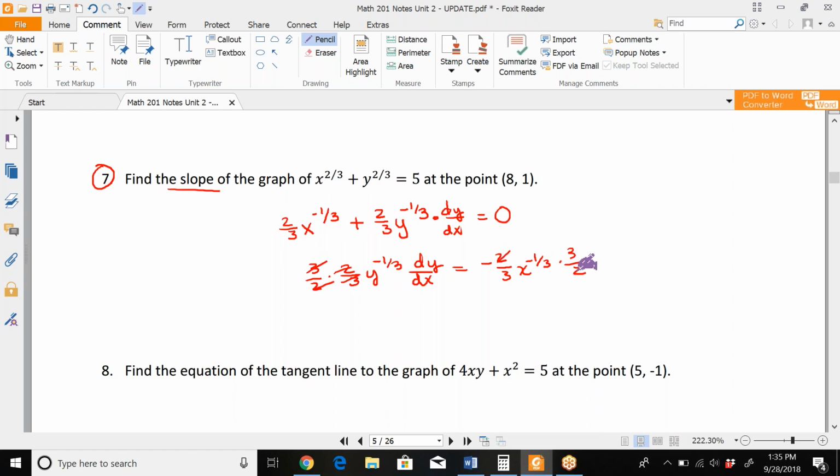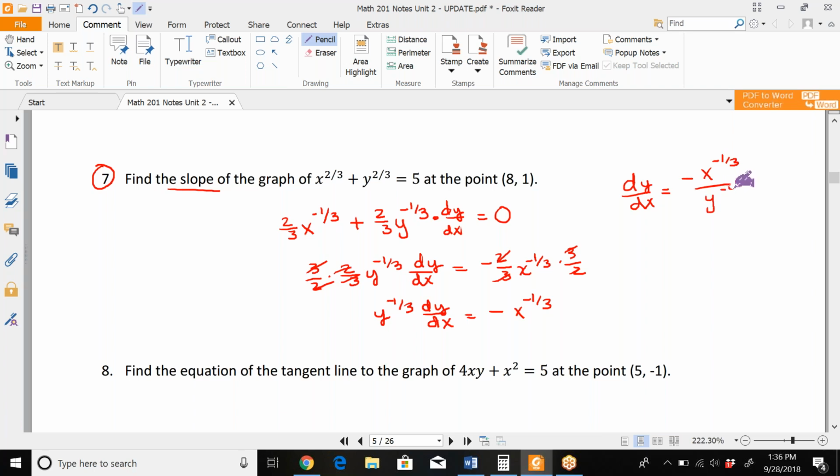On this side, it also cancels, but you still have a negative 1 because this was a negative fraction. So I have y to the negative 1/3 dy dx equals negative x to the negative 1/3. We would divide both sides by y to the negative 1/3. So this gives me dy dx equals negative x to the negative 1/3 over y to the negative 1/3.